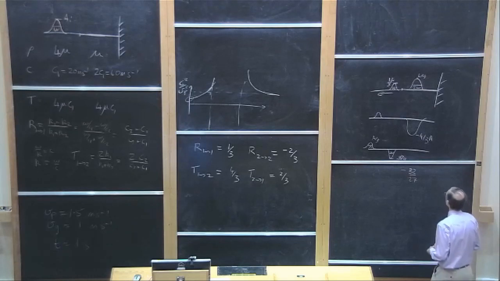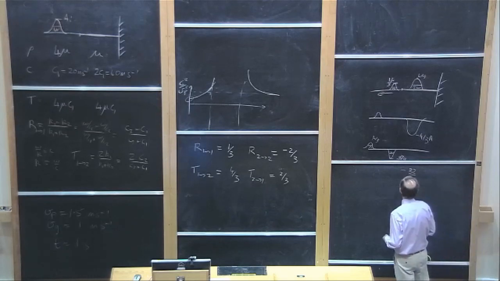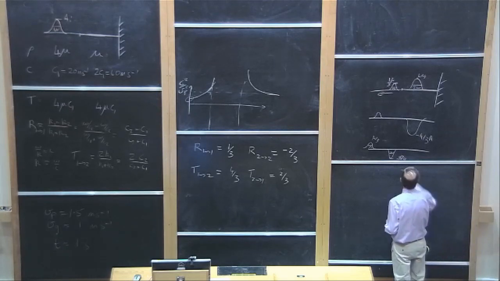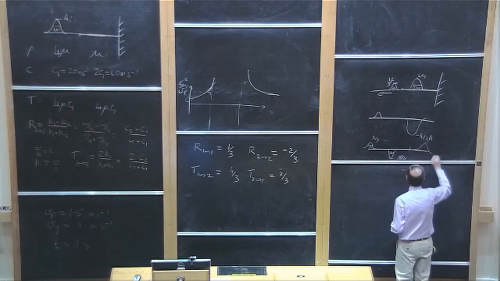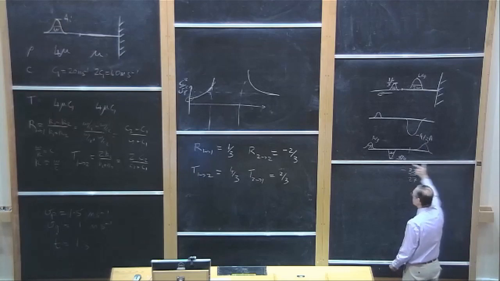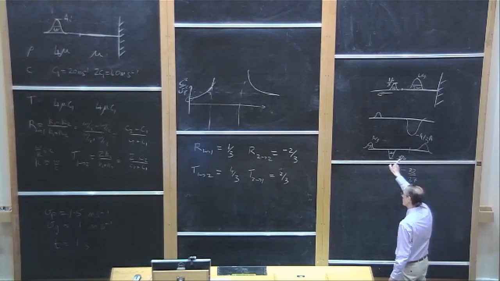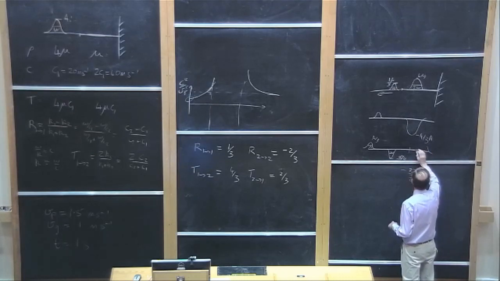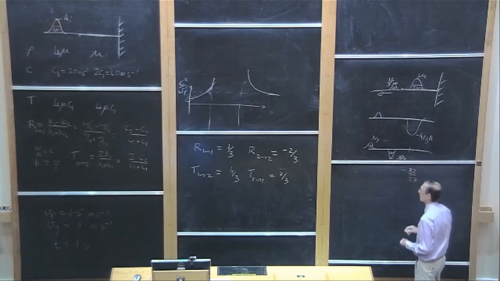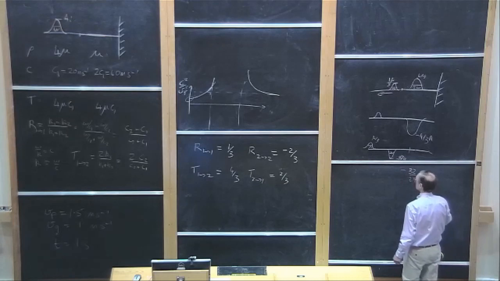So, yeah, what I didn't draw in was the reflected wave here, which was coming in with minus 4/3, and then reflected with 8/9.